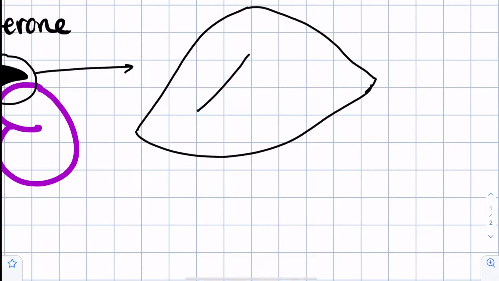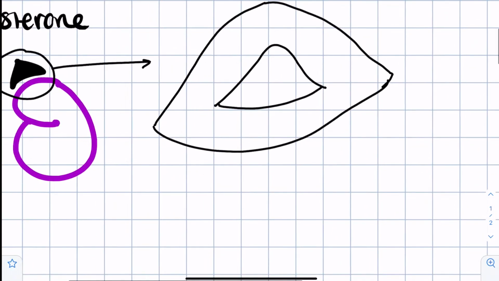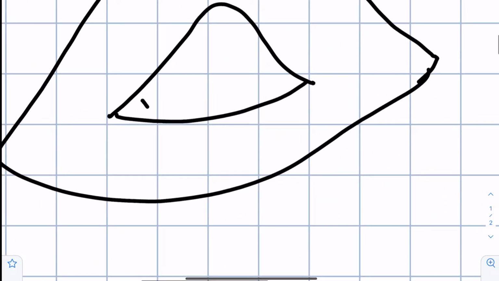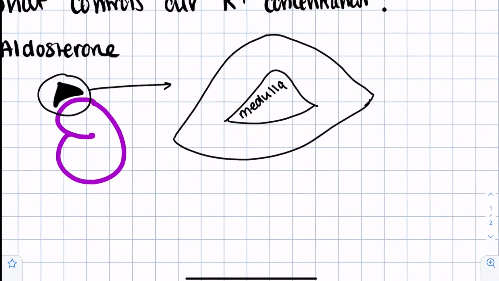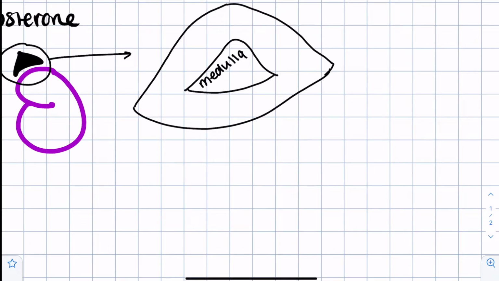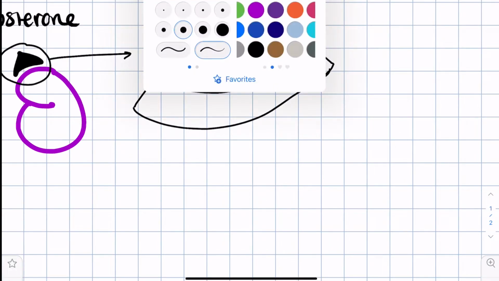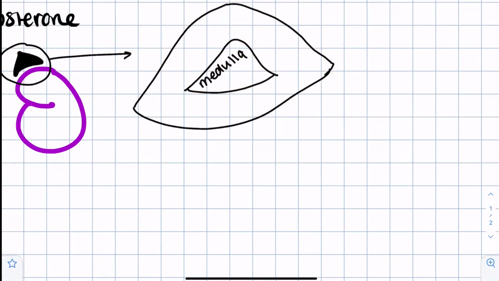So let's just draw an adrenal gland here. Okay, so here's our adrenal gland. We've cut into it, and in the middle we have the adrenal medulla that secretes adrenaline. And on the outside we have 3 layers of the adrenal gland in the cortex.